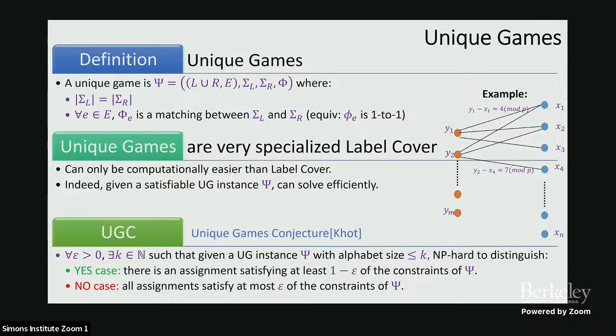For every epsilon greater than 0, there exists some alphabet size k, such that if I give you a unique games instance where the alphabets have size at most k, it's NP-hard to tell whether the instance is almost fully satisfiable, namely the value is at least 1 minus epsilon, or the instance is at most epsilon satisfiable. In other words, the informal version of it is, if you ignore the satisfiability issue, unique games are just as hard as general label cover.